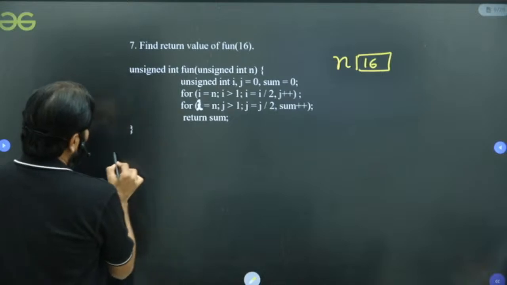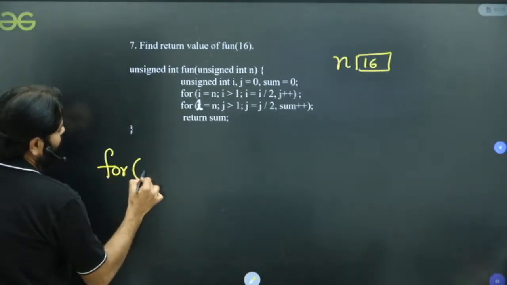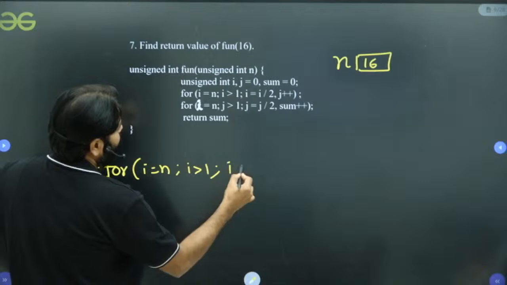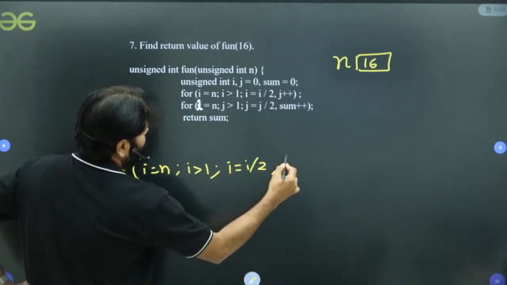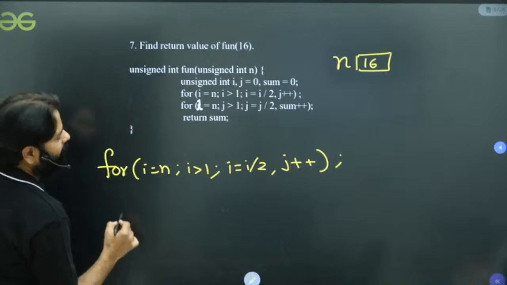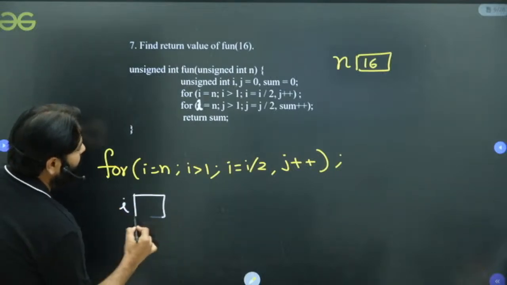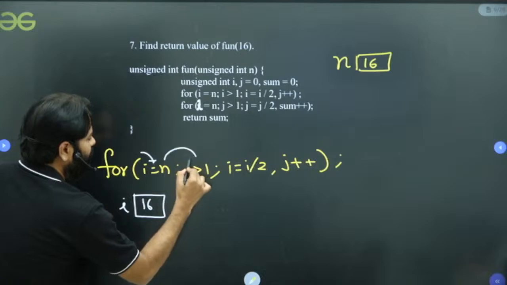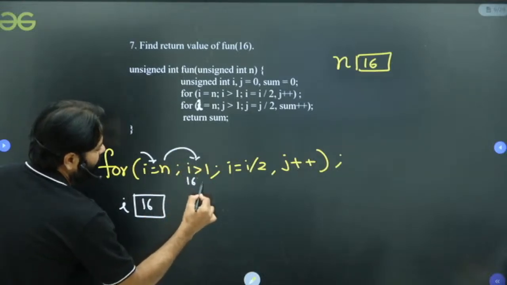Let's analyze the for loop: for i is equal to n, i greater than 1, i is equal to i by 2 and j increment. And initially what is the value of i? n means what? 16. Then 16 is greater than 1, perfect.